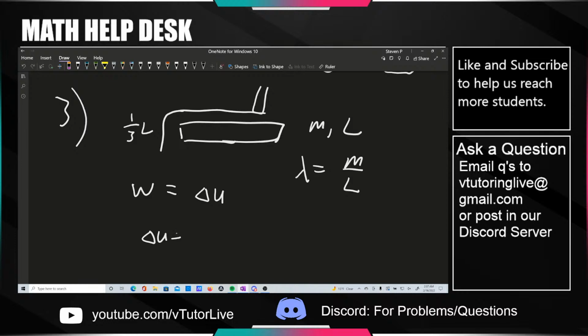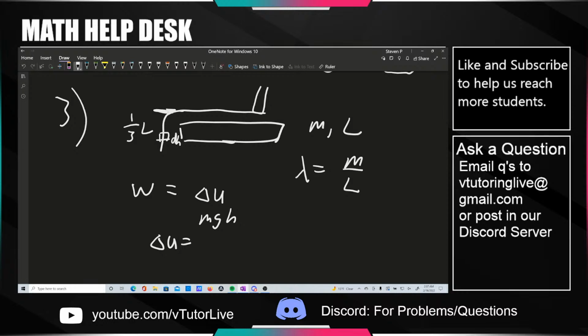Let me put it this way. Normally it was mgh for a point mass, using the change in height. So if this is what it's got to get up to, and there's some chunk over here, we could call this chunk dh.